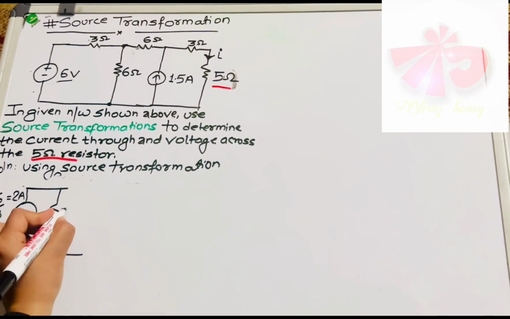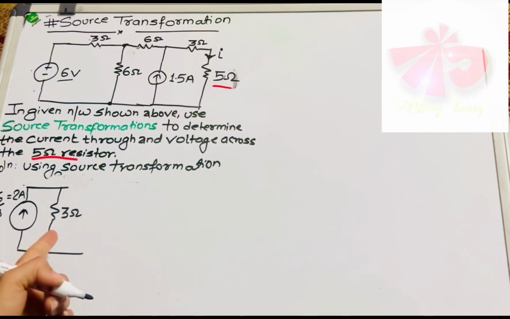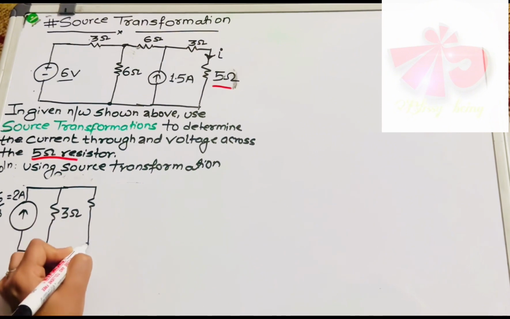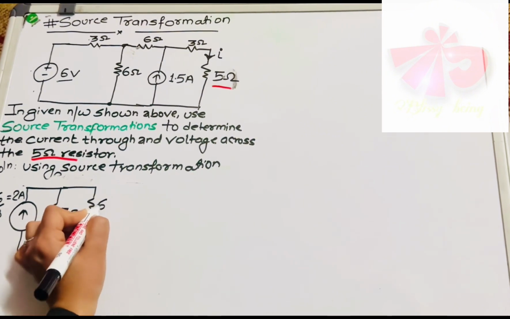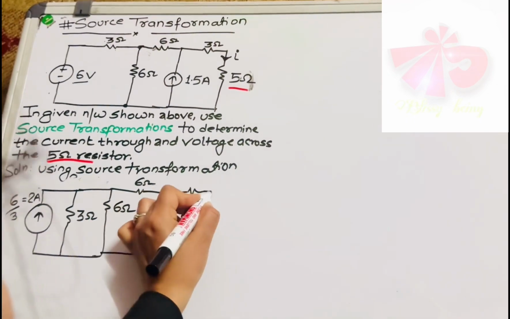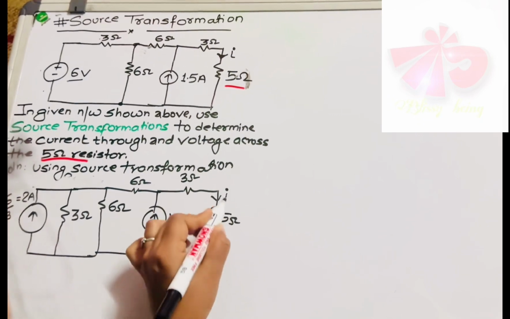Now replace the series resistor by a parallel resistor of the same value, and then draw the rest of the circuit as it is. This one is 6, this one is 1.5 ampere, and after that you have 3. It's 3 ohm, 5 ohm. You need to identify the current at this position.